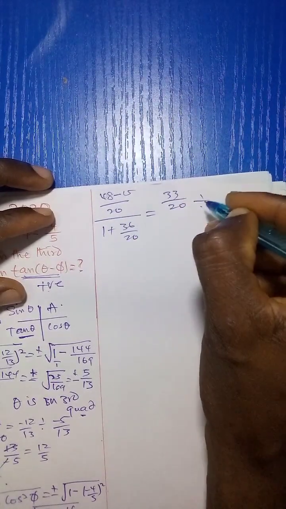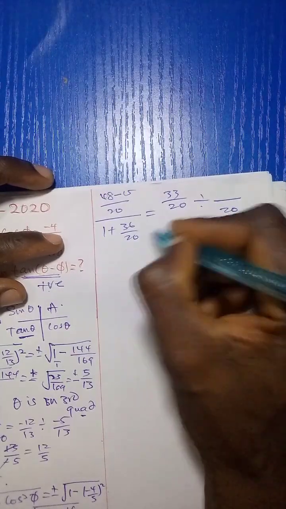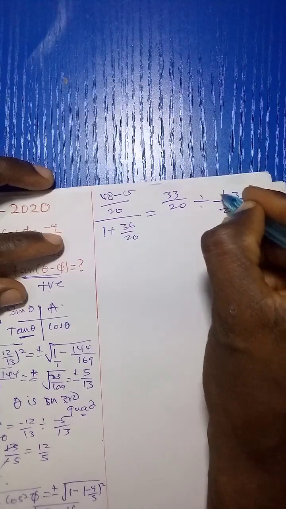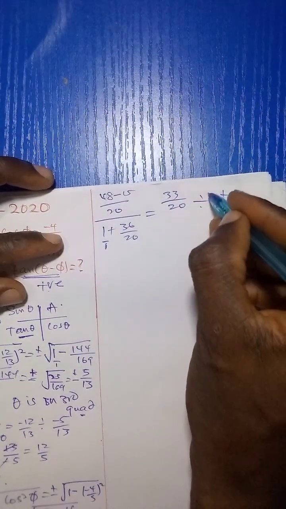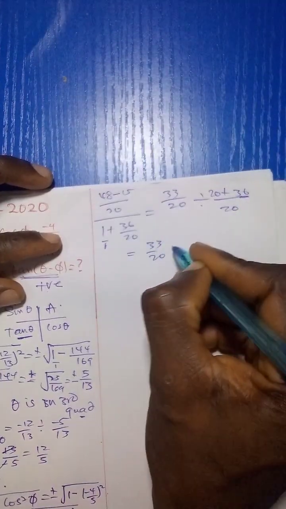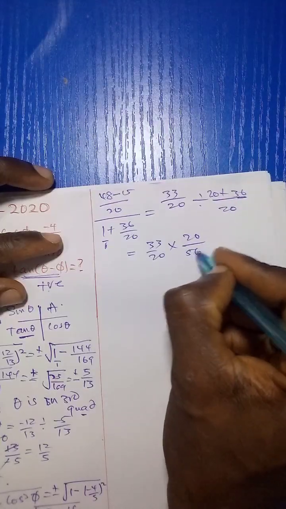Then divide by, the LCM is 20. 20 divided by 20 is 1. 1 times 36 is 36. Plus 20 divided by this one is 20, times 1 is still 20. So we have 33 over 20 times 20 over 20 plus 36, which is 56.